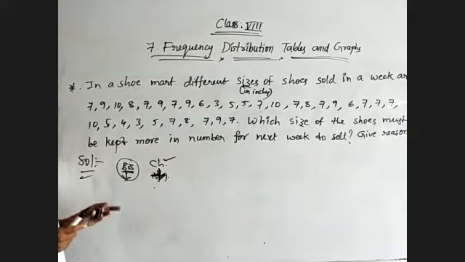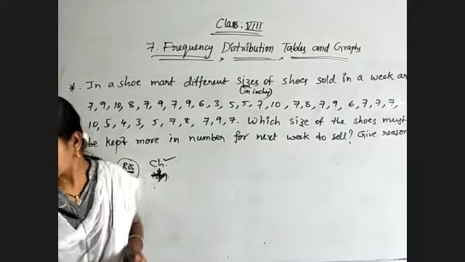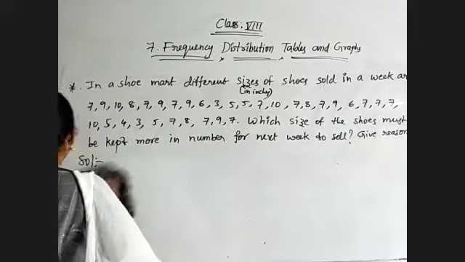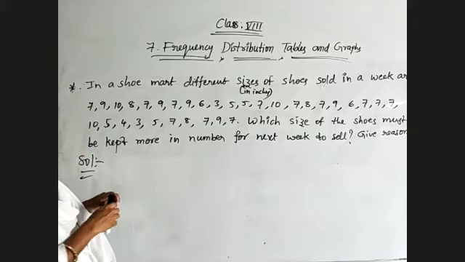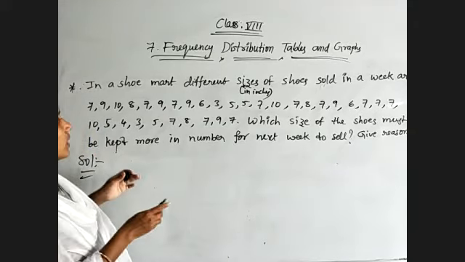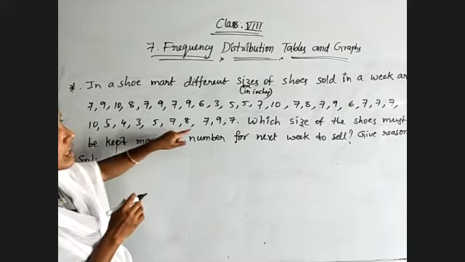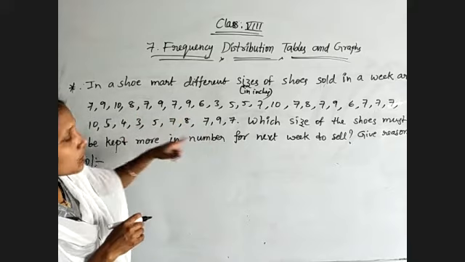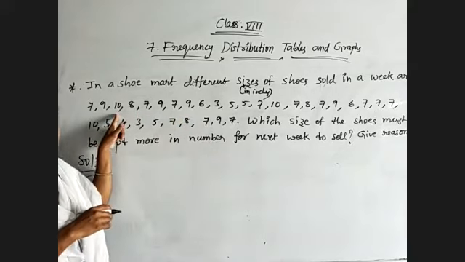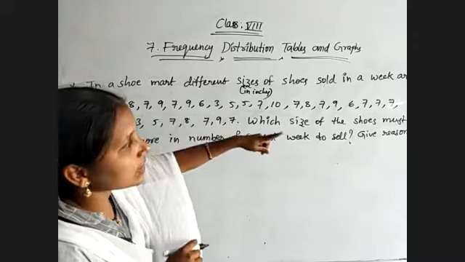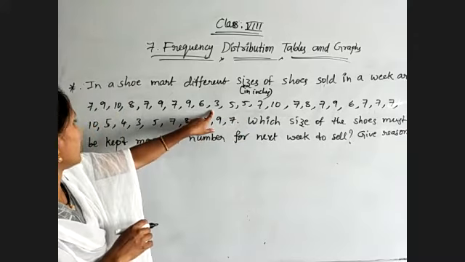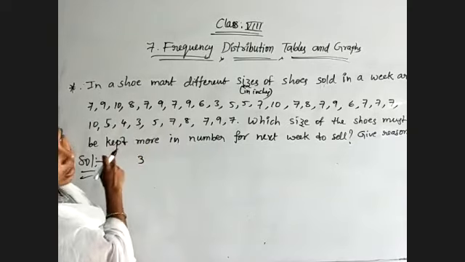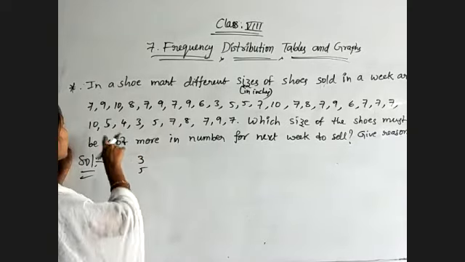Okay. Now we will write the given data in order. First, what are the numbers mentioned? 7, 9, 10. What is the highest shoe size here? Shoe size 10. The least shoe size is 3. So 3 is going to start, then 4, 5 we have, 6.